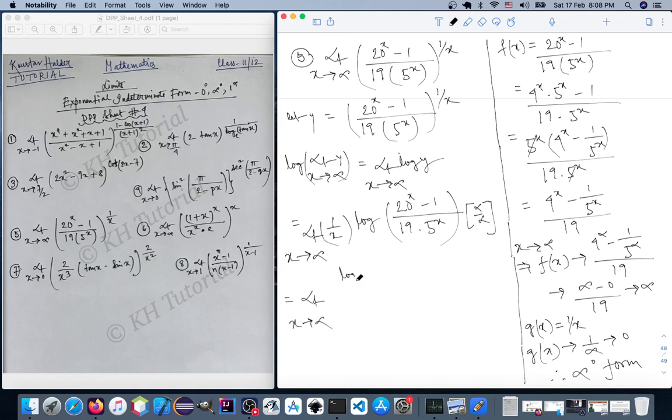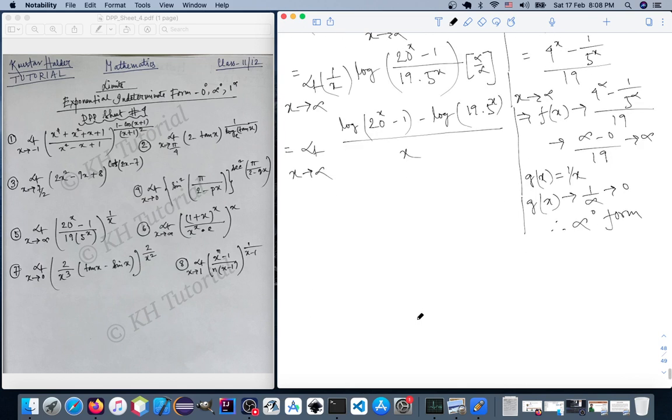This becomes log of, we have this. Now we apply L'Hopital rule and get 20 to the power x minus 1.